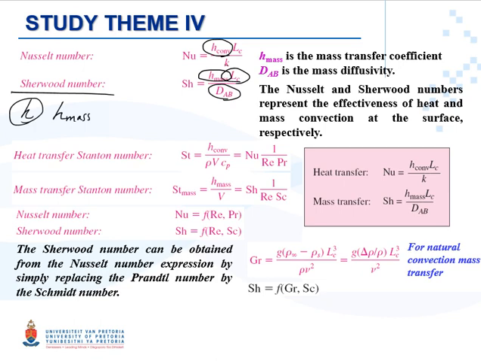Both the Nusselt number and Sherwood numbers represent the effectiveness of heat or mass convection at the surface. Sherwood number shows the effectiveness of mass convection at the surface, and Nusselt shows the effectiveness of heat transfer at the surface. But if you look at that K and D, basically they are representing conduction and diffusion.